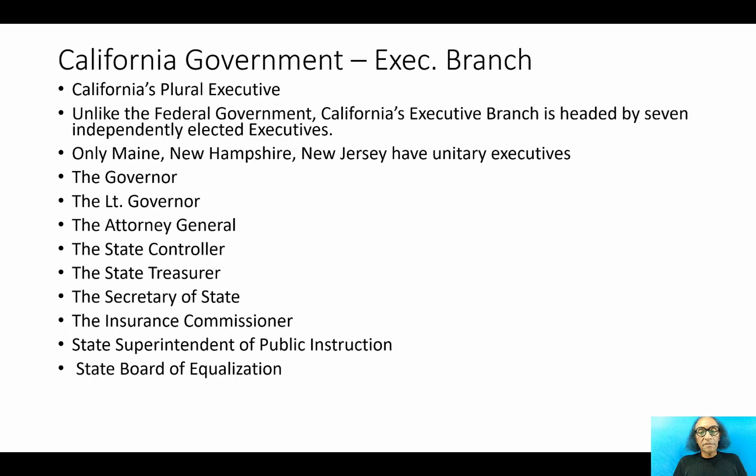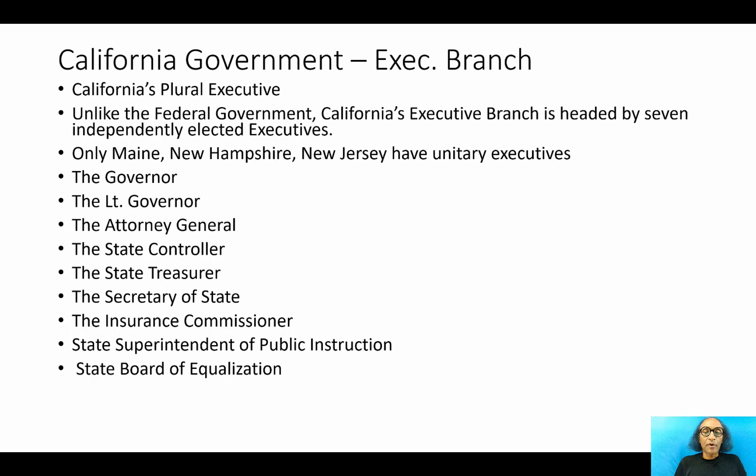Now, the executive branch of the California government is generally described as a plural executive, and that's because it is an executive branch unlike the federal executive branch, where the powers of the executive branch are vested in the office of the presidency. Here you have multiple executive offices in which the persons leading them are independently elected executives.